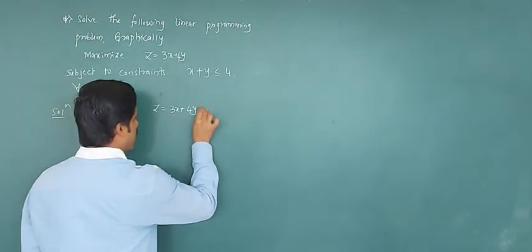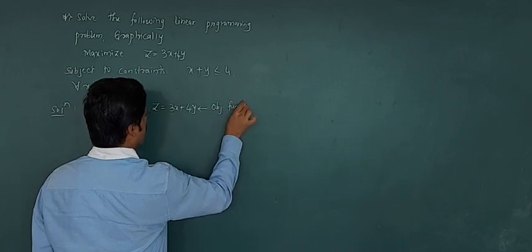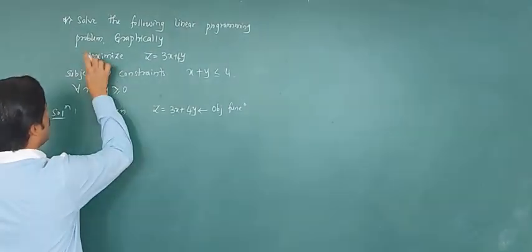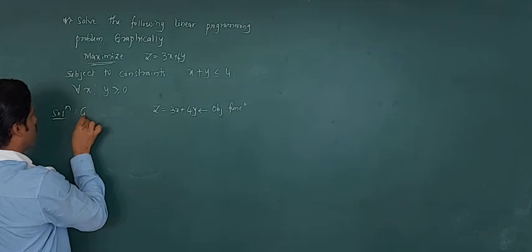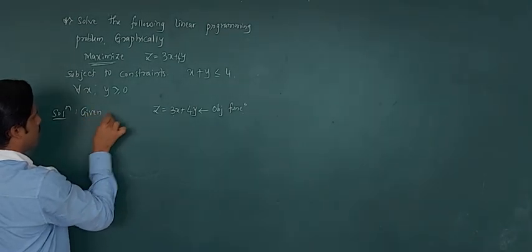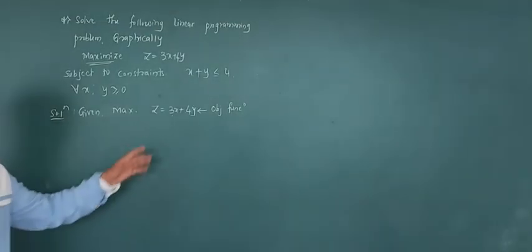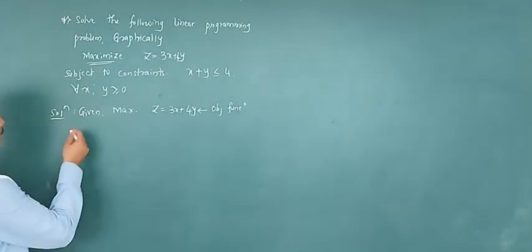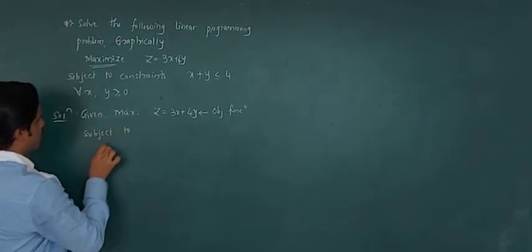We know that this is the objective function, and also here it is maximize. So the given problem is maximize z equal to 3x plus 4y, which is our objective function, and also subject to constraints.